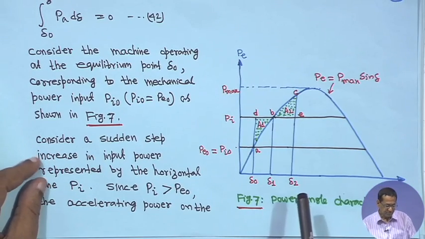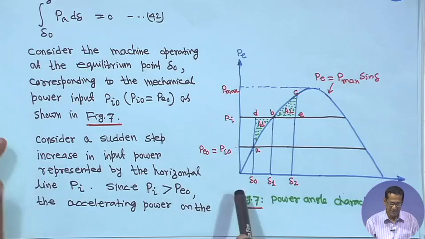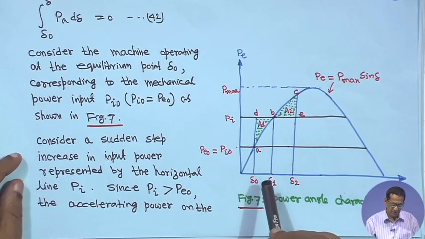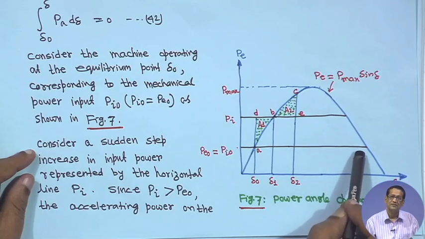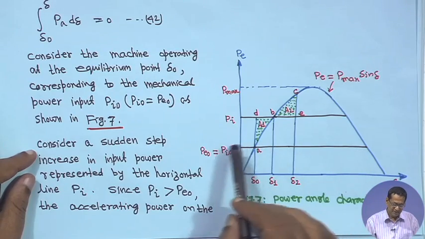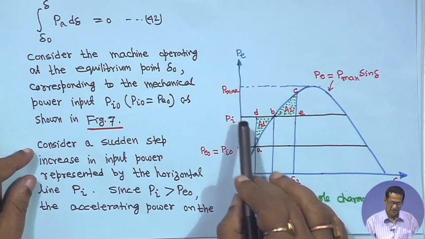So, consider a sudden step increase in input power represented by the horizontal line Pi. That means it was operating at a steady state condition, but suddenly the input power increased to Pi here.